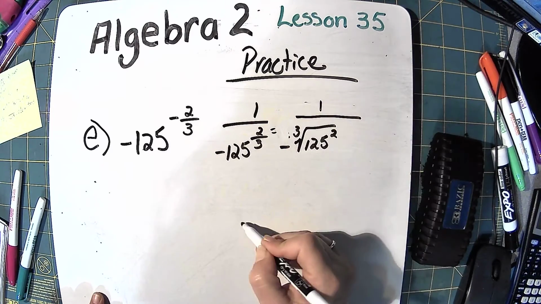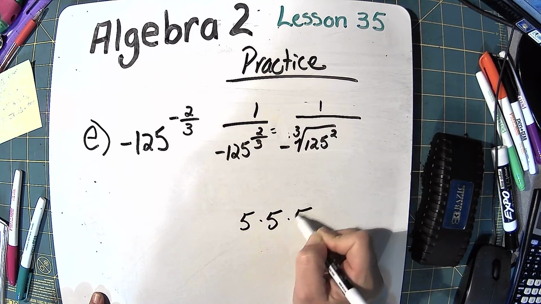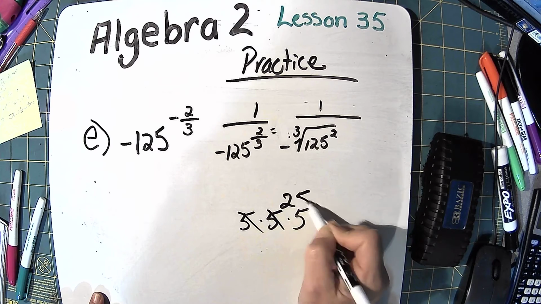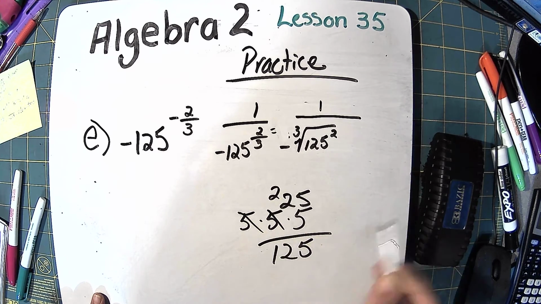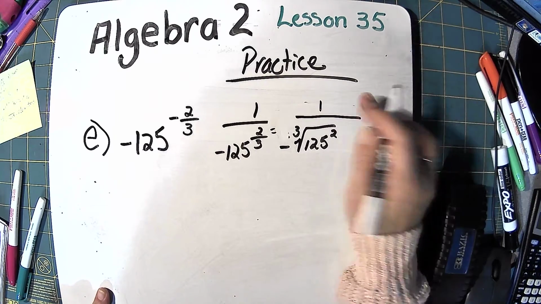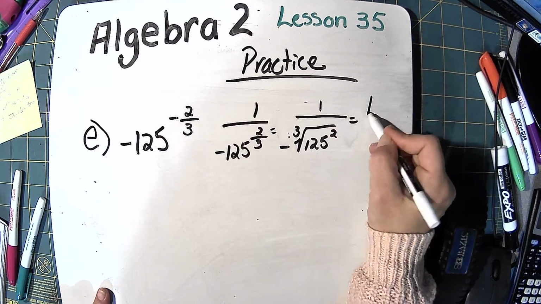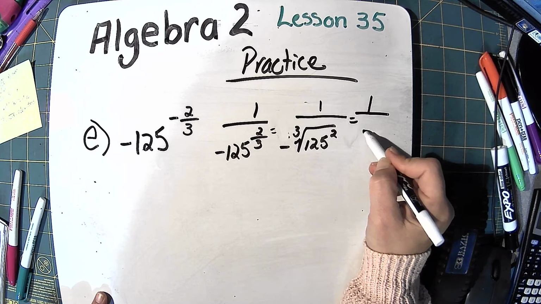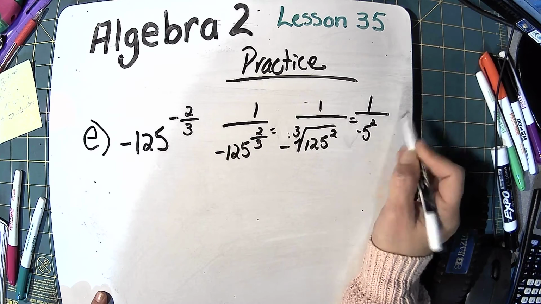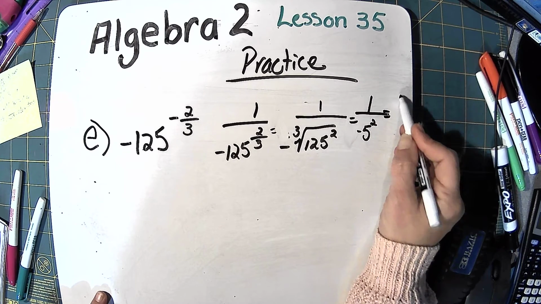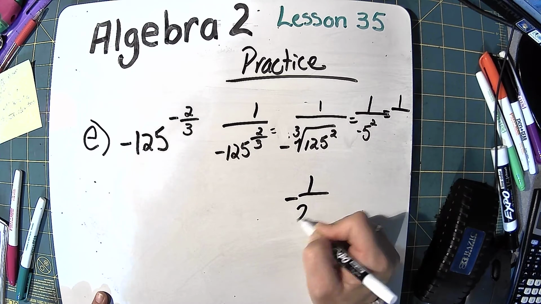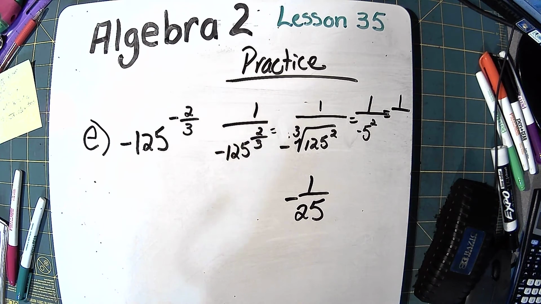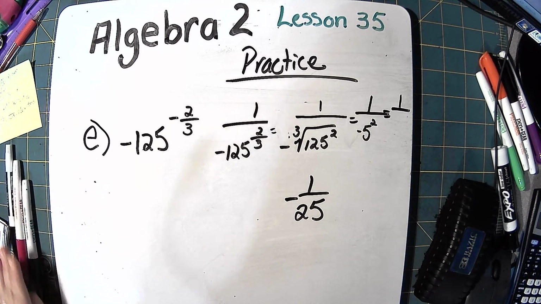The third root of 125 will be 5, because 5 times 5 times 5. 5 times 5 is 25. 25 times 5 is 125. So that would mean that this whole thing equals 1 over negative 5 squared. And then 5 times 5 is 25. So we've got negative 1 over 25 is the answer to that one. Negative 1 over 25. All right, hope that made sense to everybody.